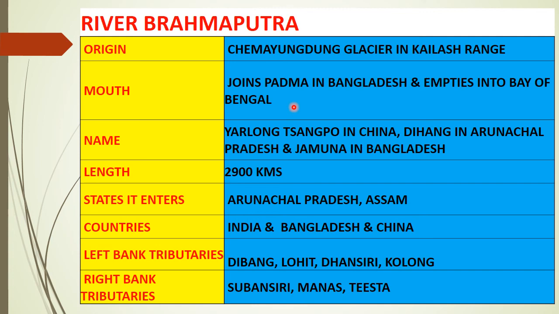And the total length is 2,900 kilometers. The states that it enters are Arunachal Pradesh and Assam in India. And the countries through which it flows are China, India and Bangladesh. The left bank tributaries, as I told you, are Dibang, Lohit, Dhansari and Kolong. And the right bank tributaries are Subansiri, Manas and Tista.